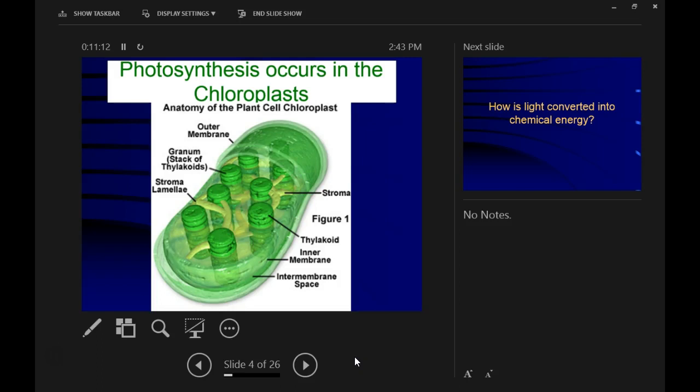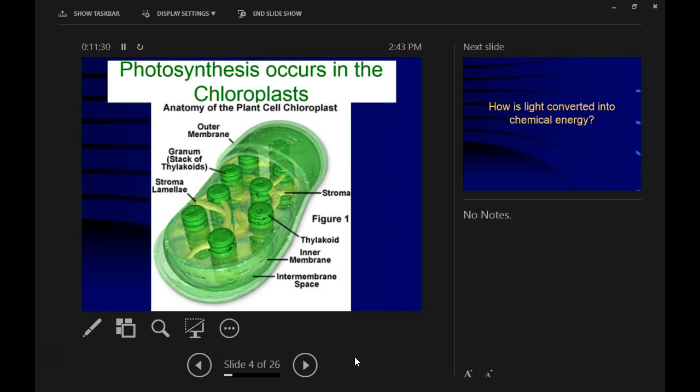Right, so that's why the thylakoid is important, because this is actually where the light energy is harvested, and that energy is going to be stored in the bonds of ATP and in electrons stored in NADPH.